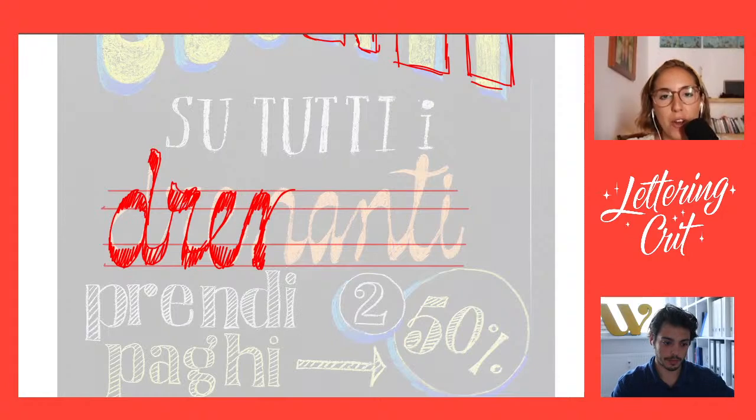And also, there is the risk that you will lose motivation in between, that you will lose that motivation of getting this lettering piece done. So that's why I always encourage all students to start small, to focus on one word, two words, and try to get those right.